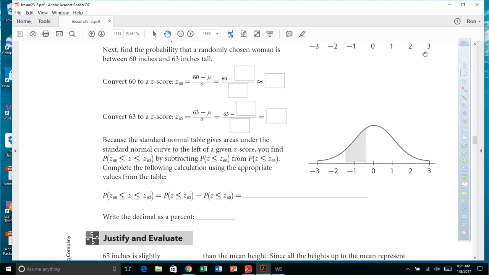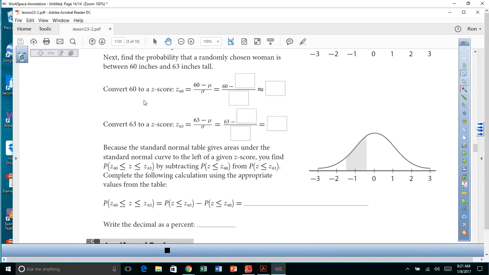So we're going to convert 60 to a z-score: 60 minus 64.1 over 2.75, and that's approximately negative 1.5. And then 63 minus 64.1 divided by 2.75 is negative 0.4.